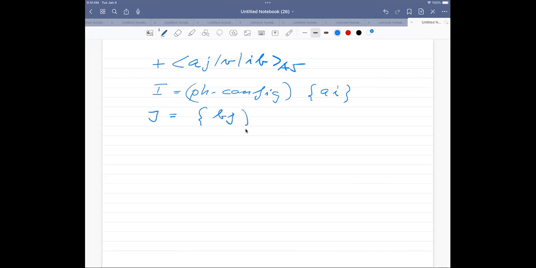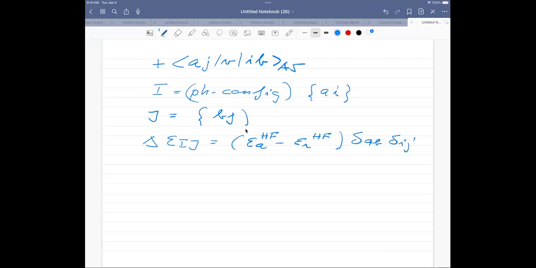And then I'm going to define a quantity, which is delta epsilon I, J, which will now be given by epsilon A Hartree-Fock minus epsilon I Hartree-Fock and multiply with delta AB, delta IJ.